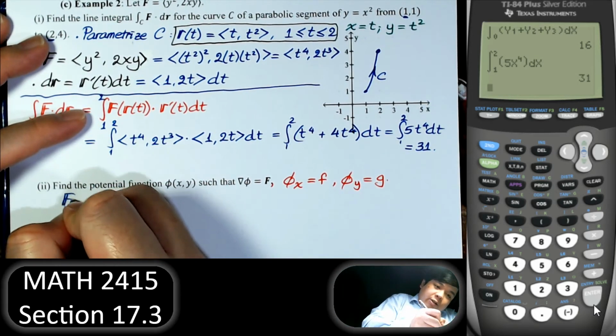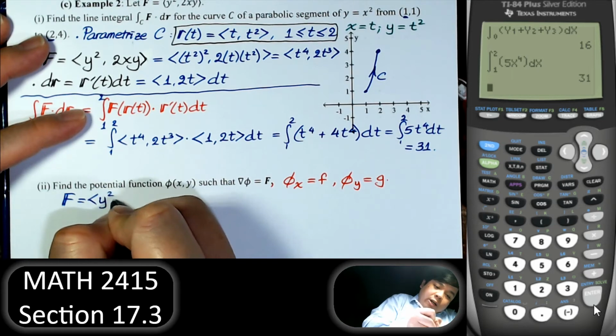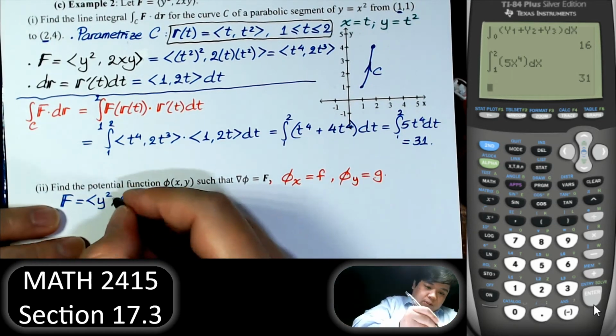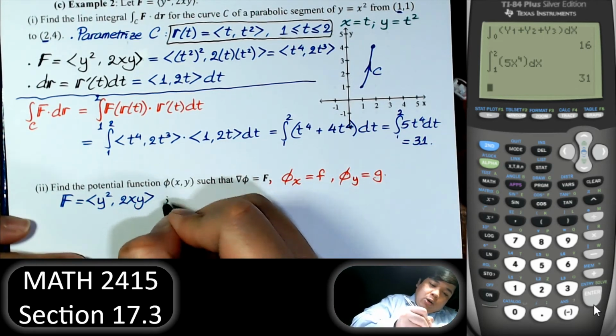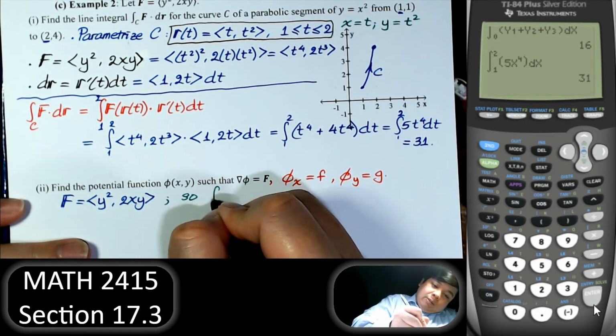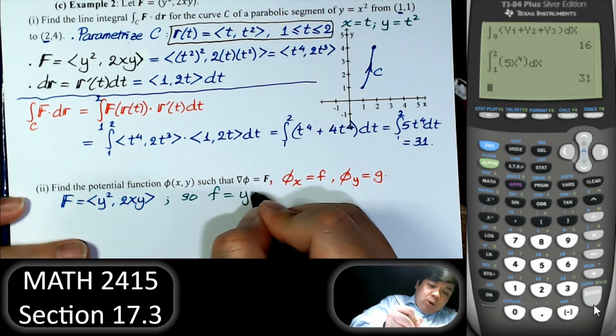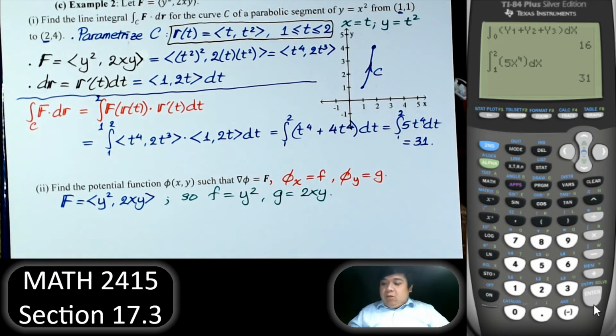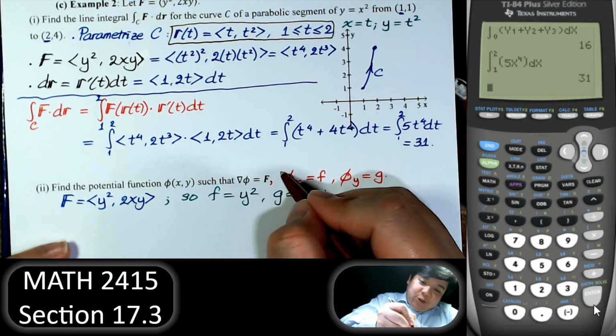So the vector field is y squared, 2xy. So f is y squared and g is 2xy. Right, it's ready. Now we can just find the potential function.